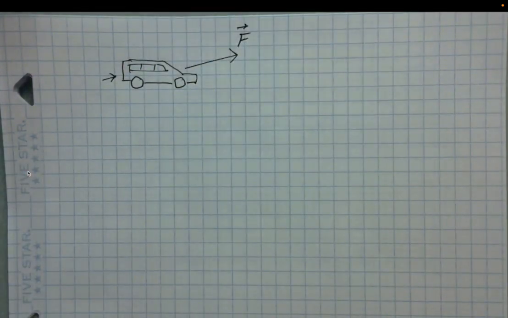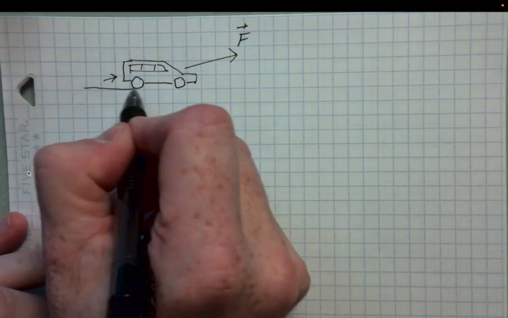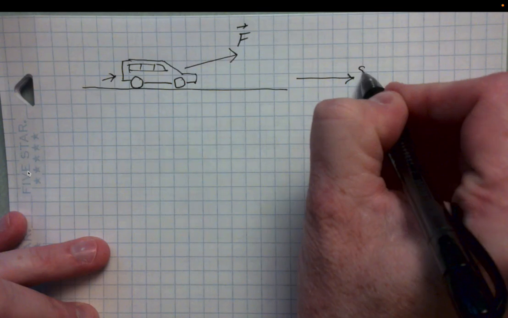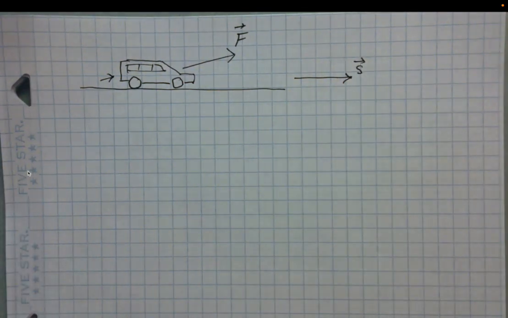It's kind of upward. Well, only a portion of the force that is being applied to the car is actually in the direction of the displacement. So the car is on a road, right? And so its displacement is along that road. It's a vector along that road.